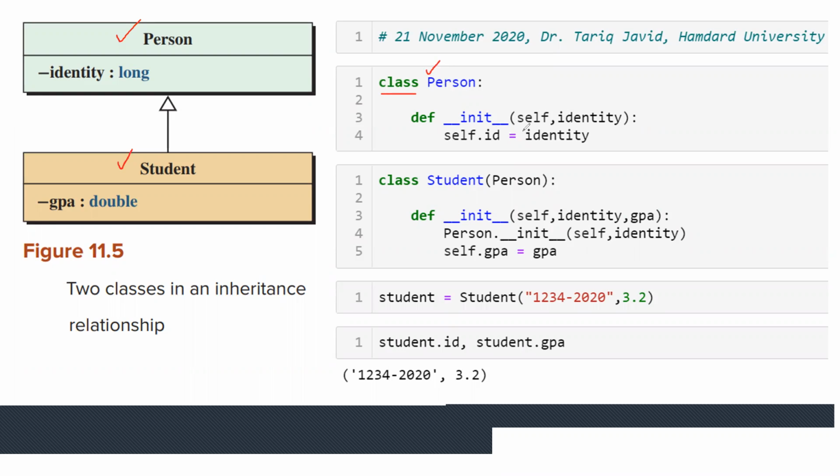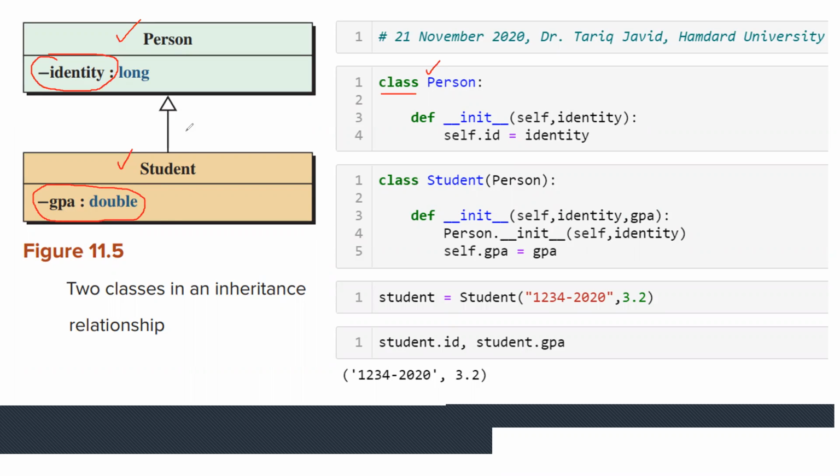And we can have a default init in which we have written the person identity, and the identity is self.id. So this is the primary identity we are talking about. And in the student class, student is associated with the GPA, grade point average.